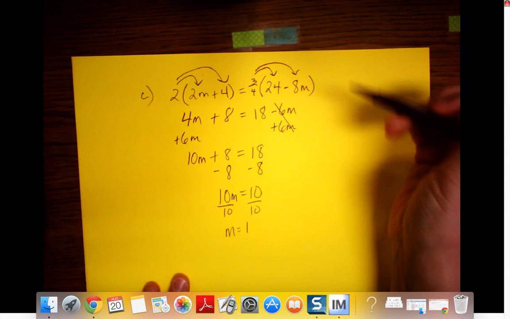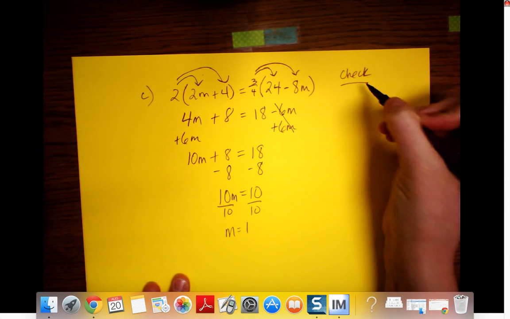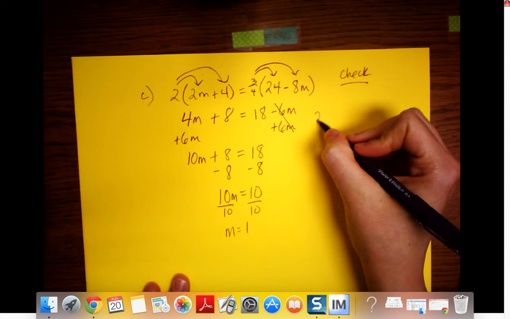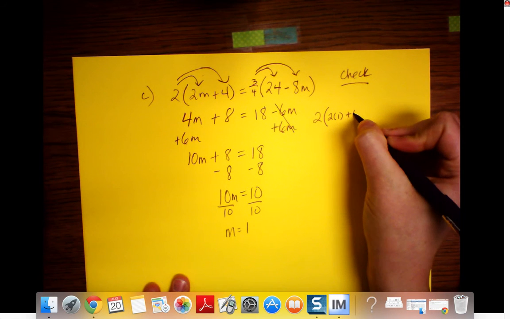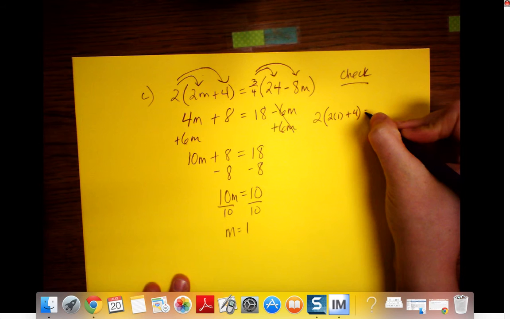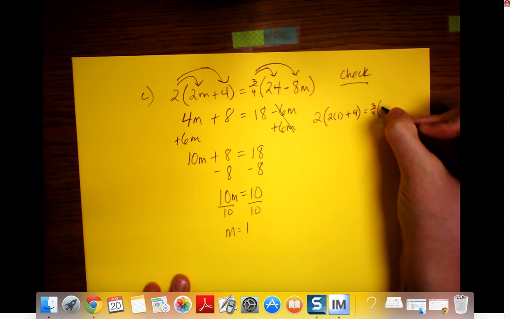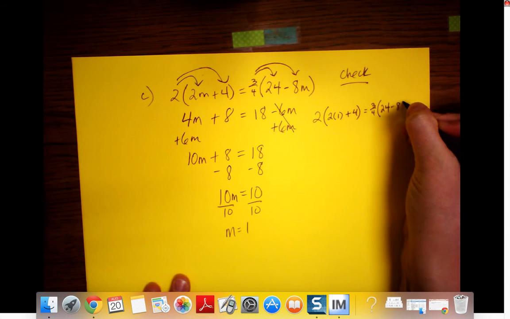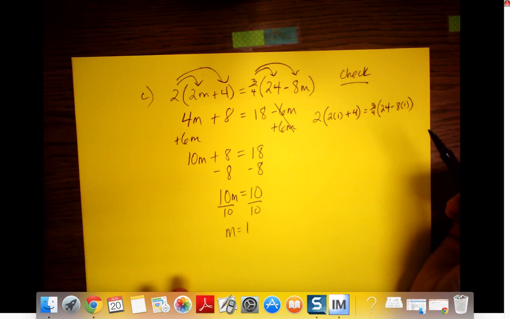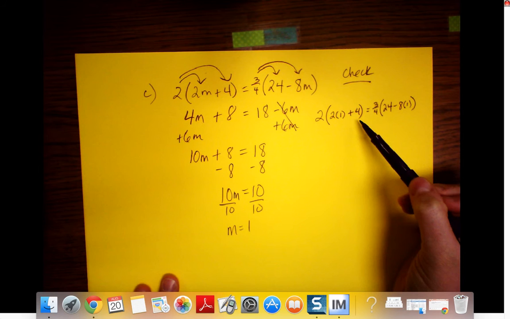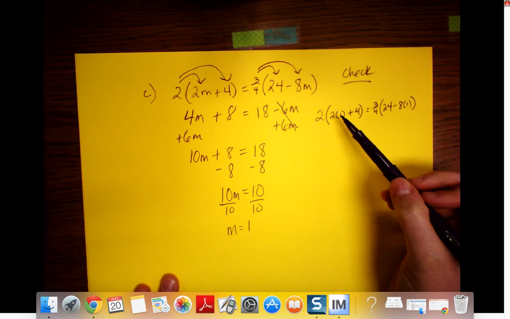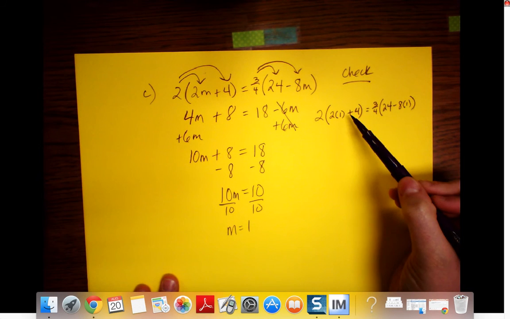I'm going to check it. I'm going to replace the m with 1. All right, so order of operations states that we have to simplify what's in the grouping symbols first. So 2 times 1 is 2, plus 4 is 6.